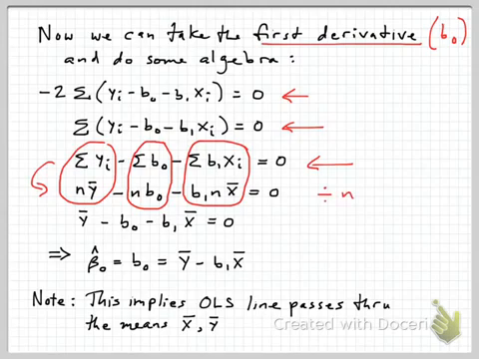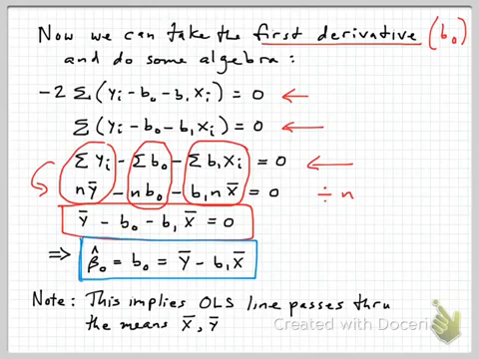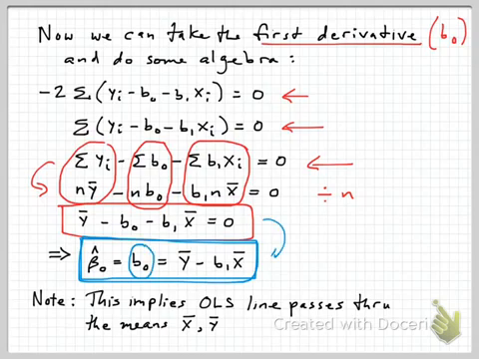And you're left with this thing, and this is really the punchline, although let's use a different color. This is really the bottom line, right? Now, here I've solved for B0, so B0 from this preceding equation is equal to this, y bar minus B1 x bar.